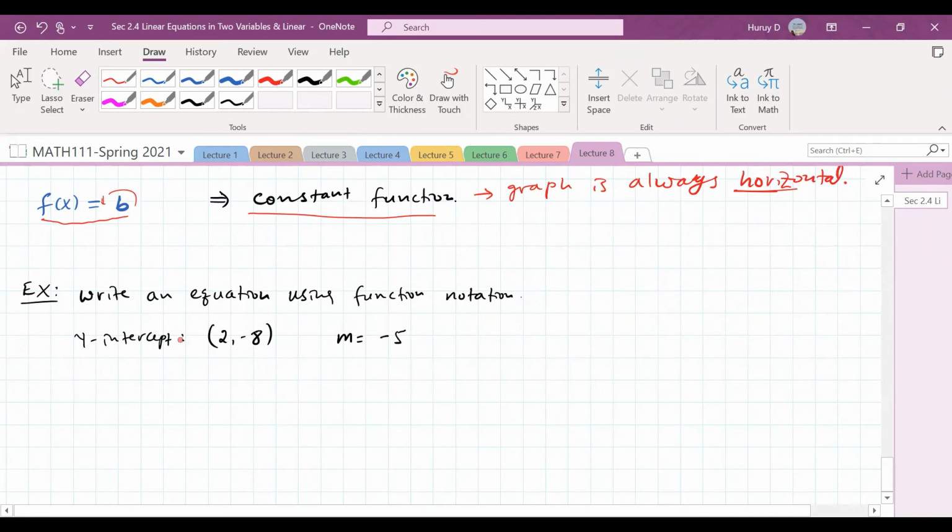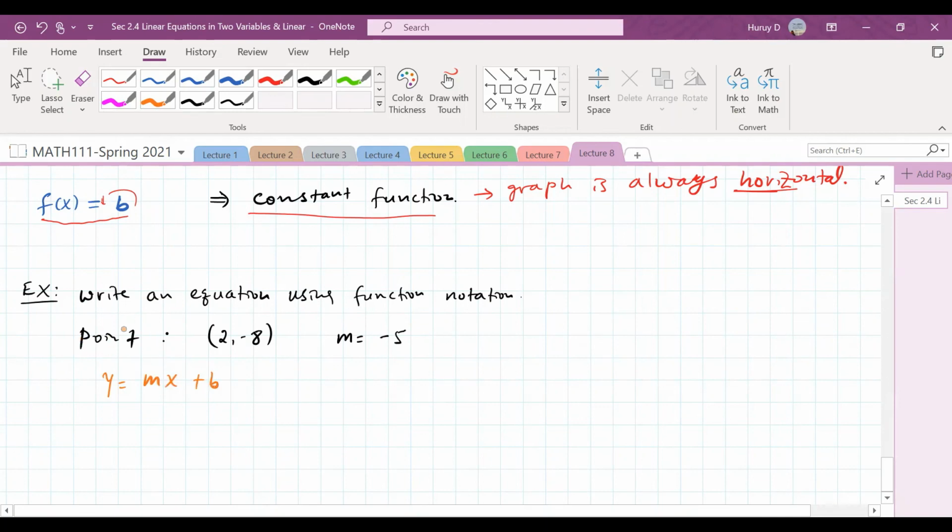So here we have a point. Well, this is not the y-intercept. This is just a point. So it passes through this point, and the slope is given by this one. Now, how do we find this? Well, using the slope-intercept form, we have y equals mx plus b, right?